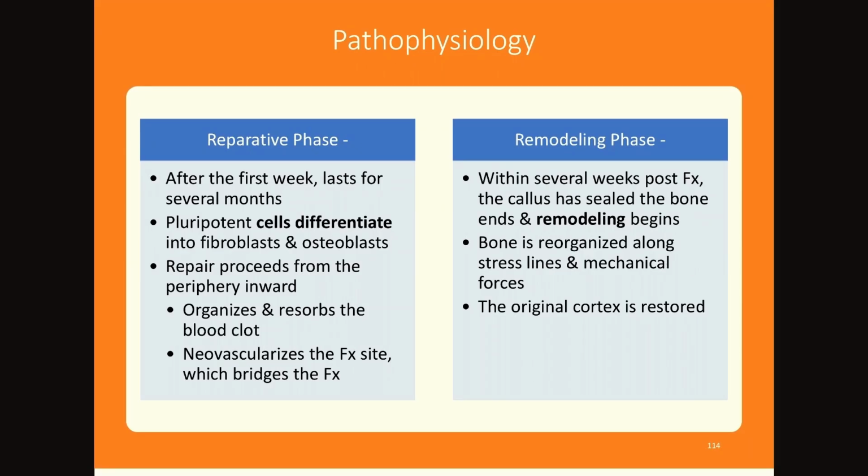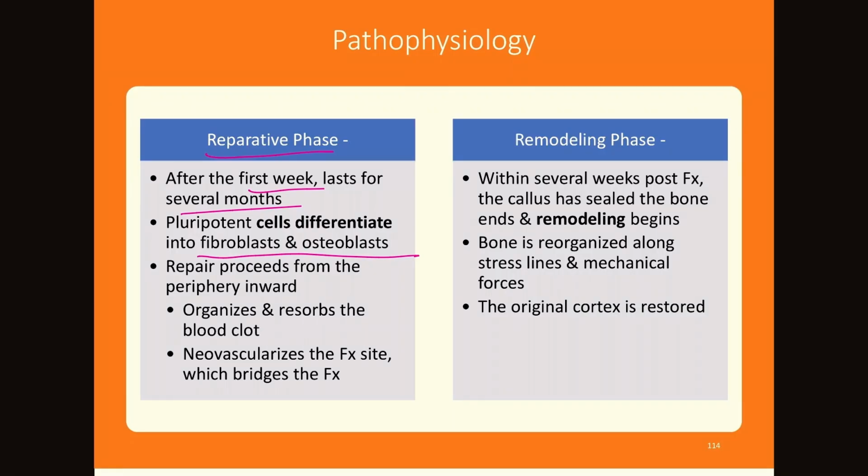Then we get the reparative phase. So after the first week, this will last about several months. And again, this is continually remodeling that bone, bringing those two pieces that broke back together to form a new union for the different cells. Obviously, fibroblast and osteoblast activity is going to be enhanced. We have to repair this damage, bring them back together.